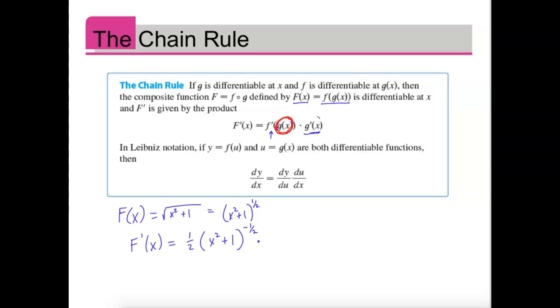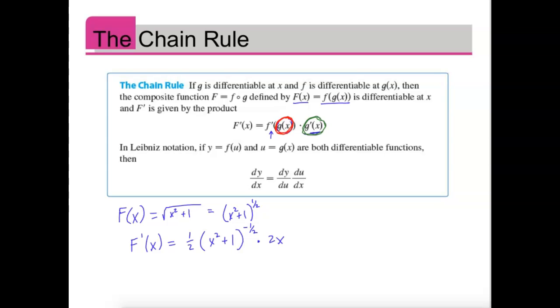So now we're looking for this, we're at this point, g prime of x. So yeah, derivative of x squared plus 1 is just 2x, and we're done. We've applied the chain rule. Now we can simplify that a little bit, but we've done the calculus to it, okay?